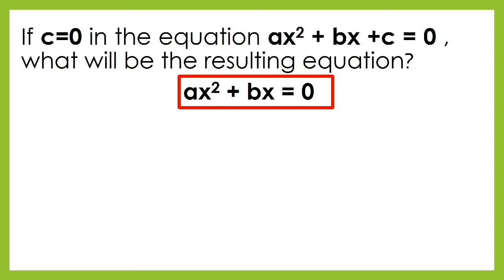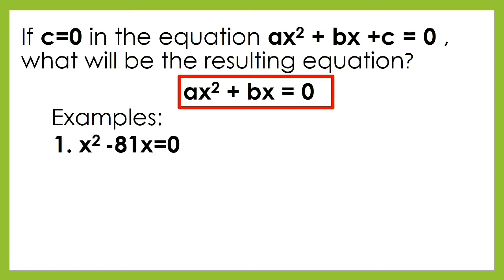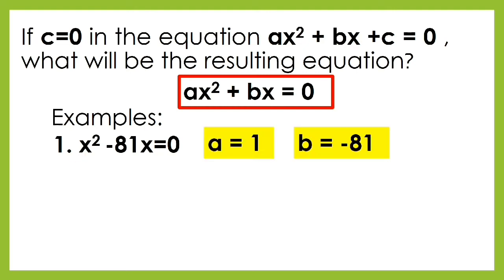Let us have examples and let's identify the values of a, b, and c. Number 1, x squared minus 81x equals 0. We do not have the constant term. The c is 0. A is 1. B is negative 81. And c is 0.